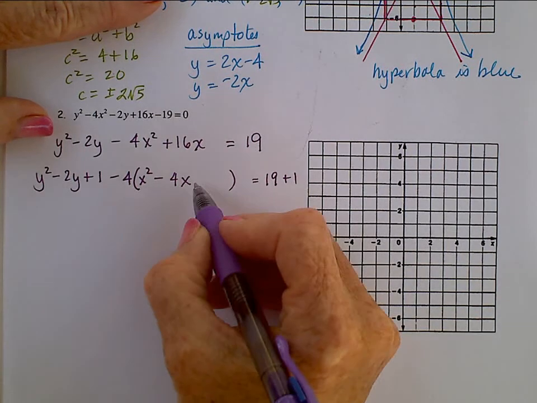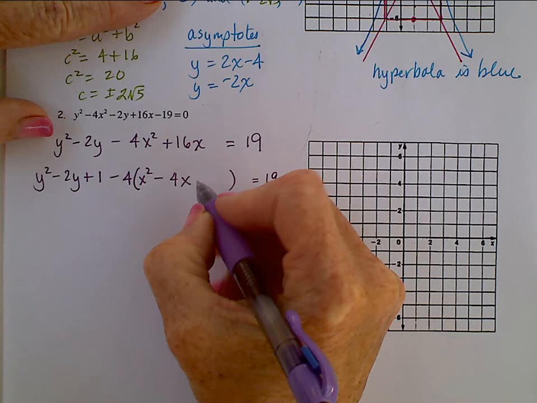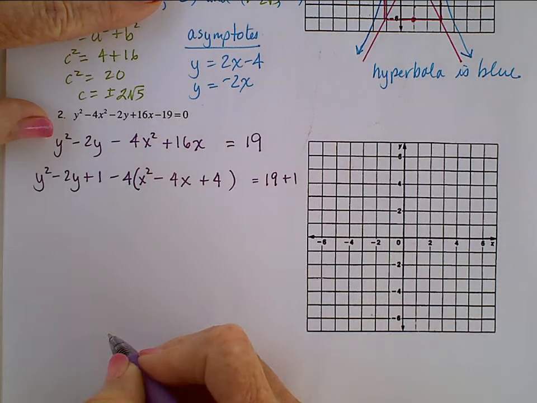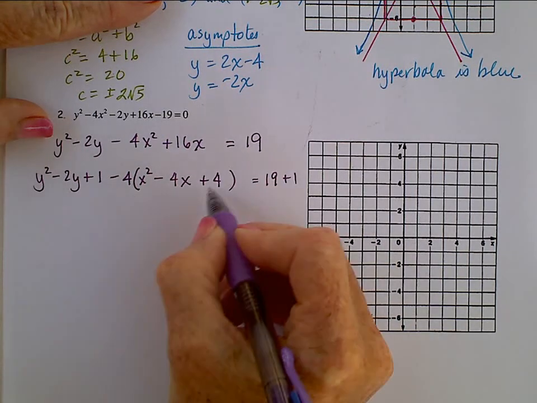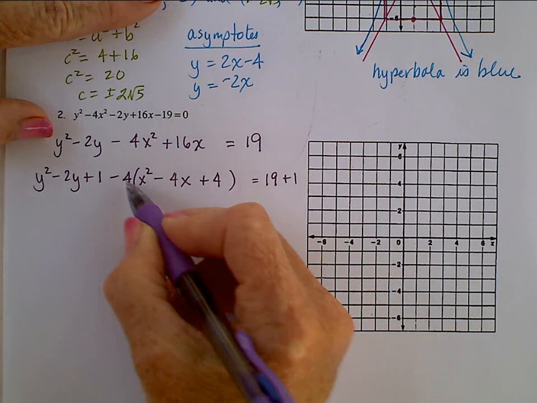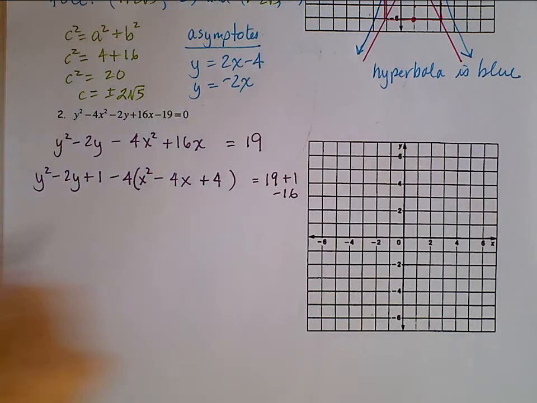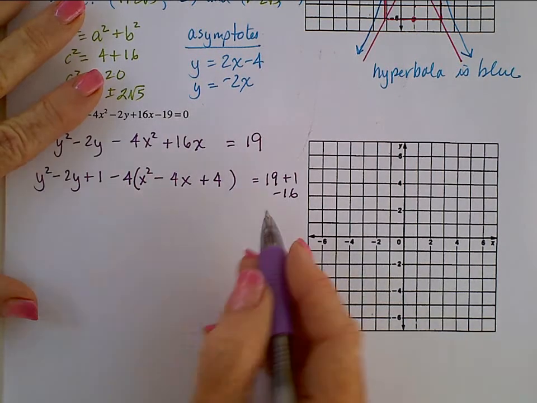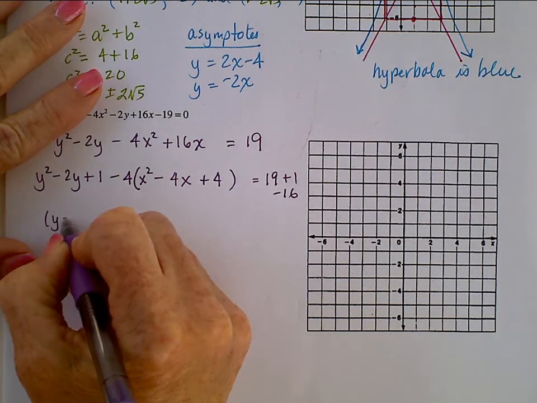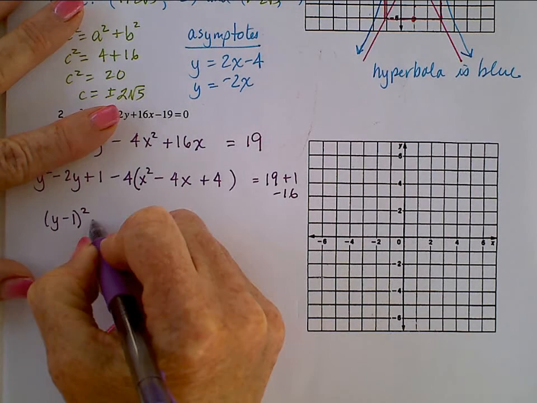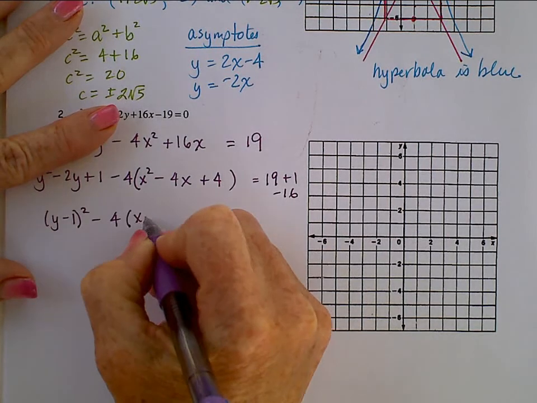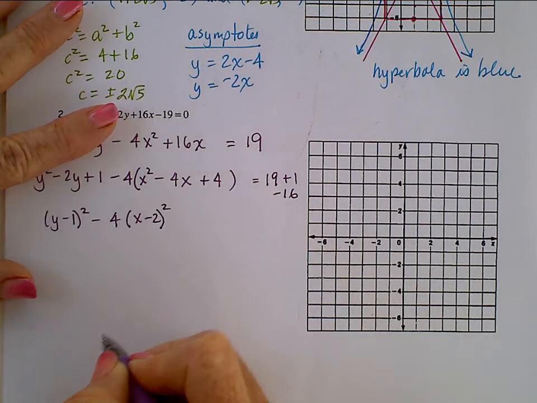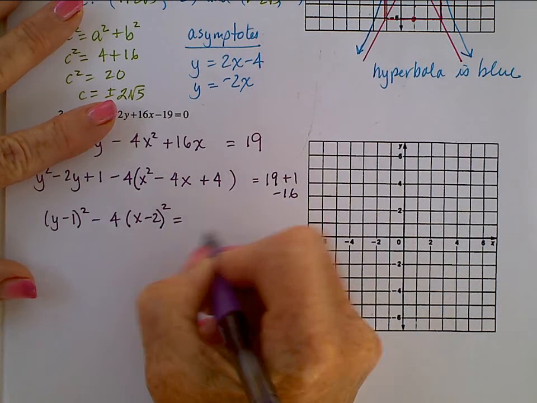Half of 4 is 2, squared is 4, so plus a 4. But we really added a -16 to this left side, so minus a 16 over there. Then factoring, we'll have y minus 1 squared minus 4 times the quantity x minus 2 squared equals 4.